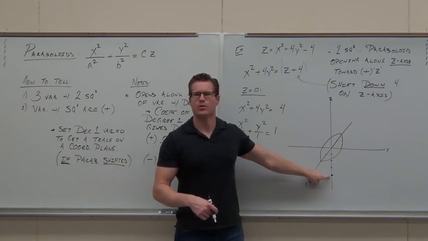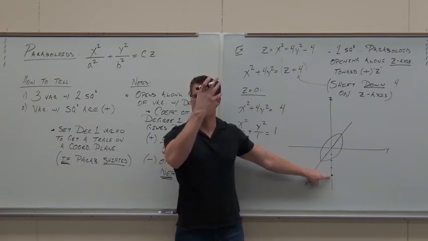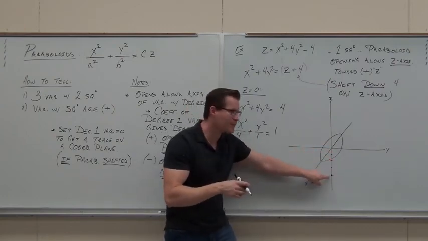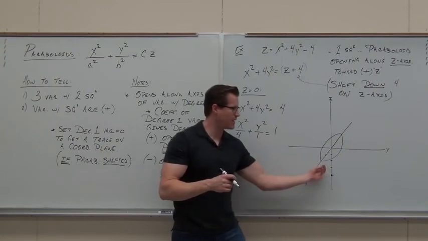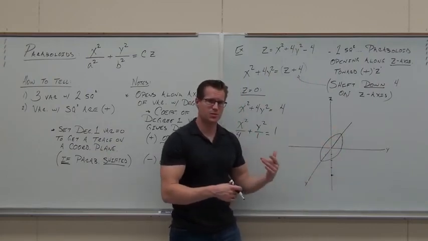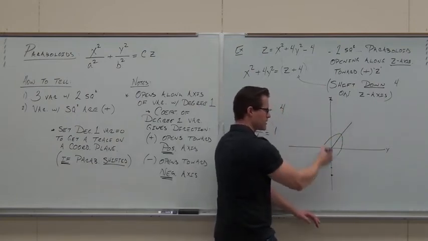Okay. What axis is this opening along? The z. So that makes sense. We're on the z. Is it opening towards the positive z or the negative z? So I have to intersect here. I also have to open this way. I also have to have that trace, which means that this paraboloid is going to go through here, through here, through here.